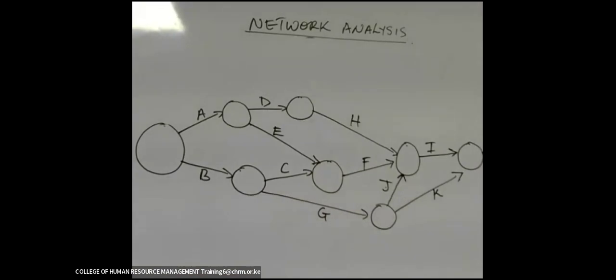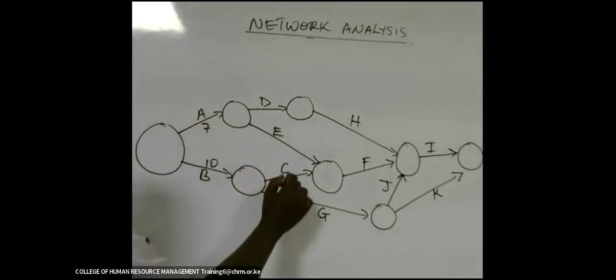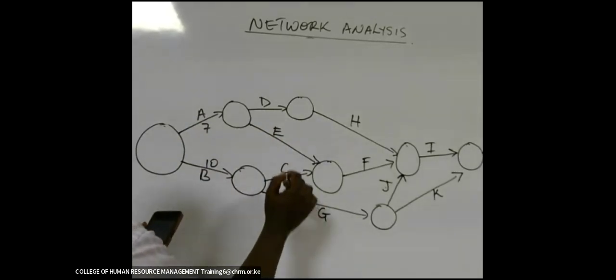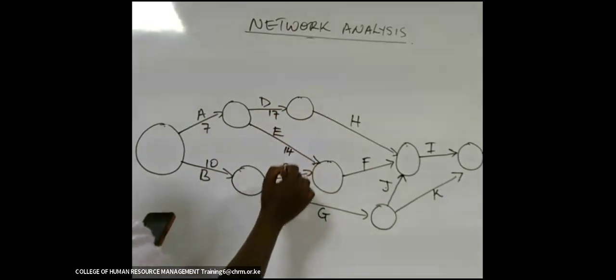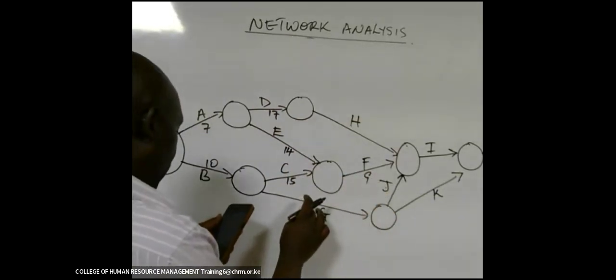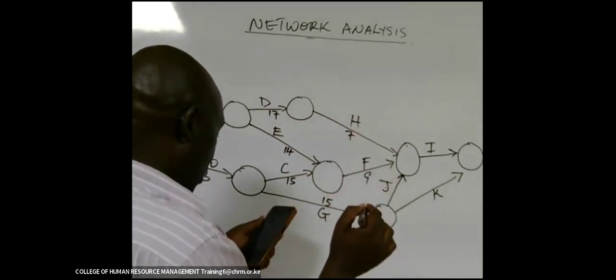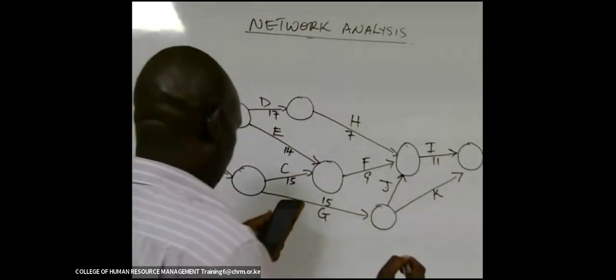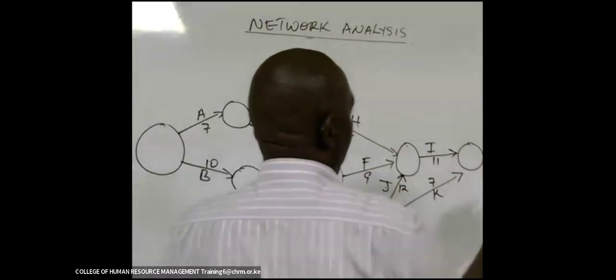Our time estimates: A is 7, B is 10, C is 15, D is 17, E is 14, F is 9, G is 15, H is 7, I is 11, J is 12, K is 7, and L is 9.